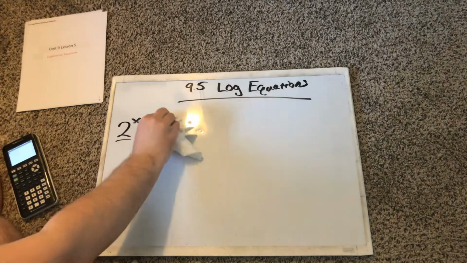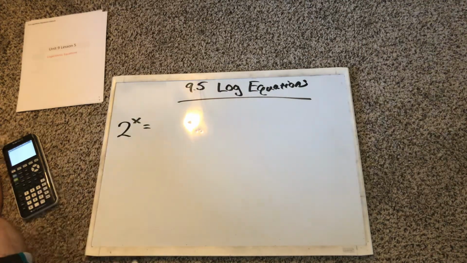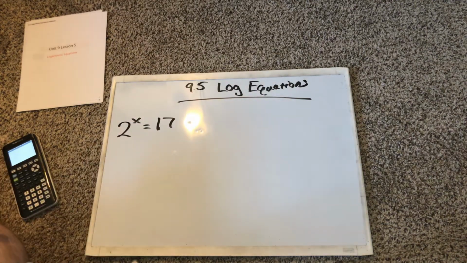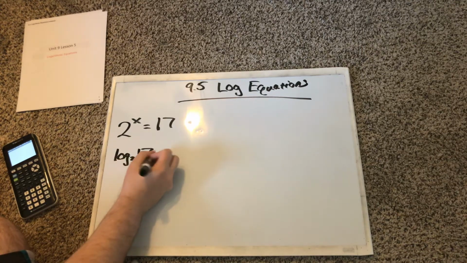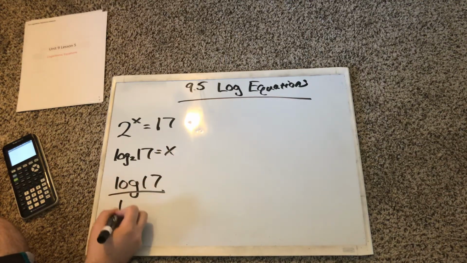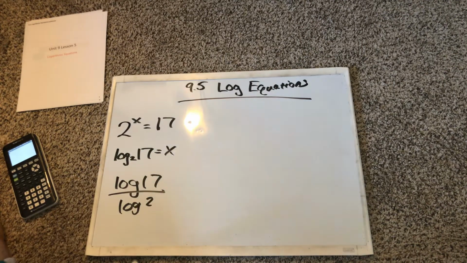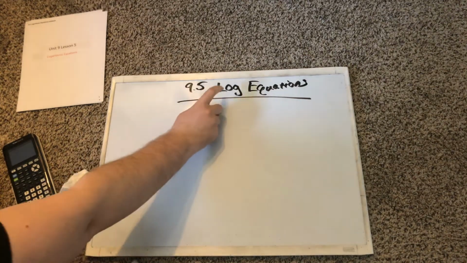Now if I had something where I couldn't break down 17, what I would do is change that into log form and have log base 2 of 17 equals x, and then I can do my change of base formula: log of my big number over log of my base. So that was last lesson when we started off in exponential form. Well, today we're going to be starting off in log form.